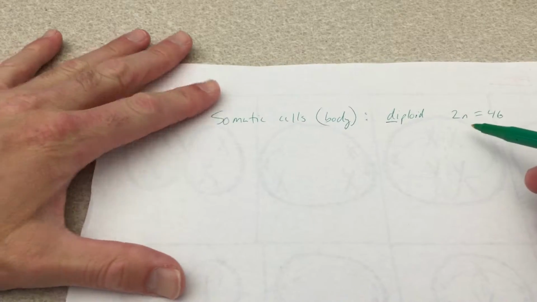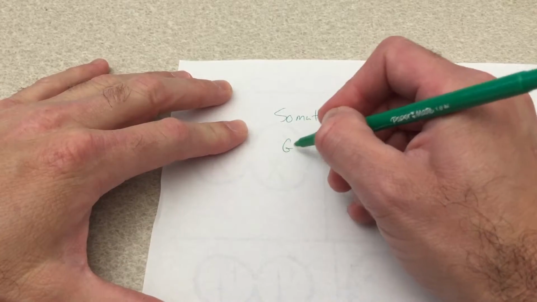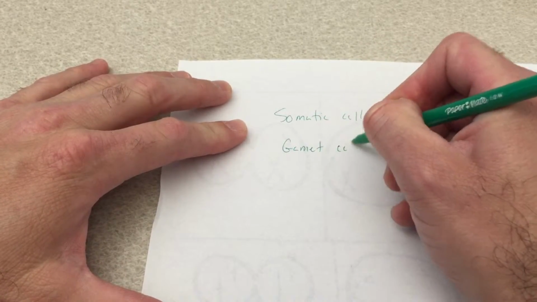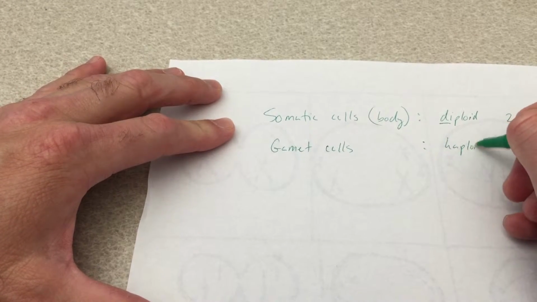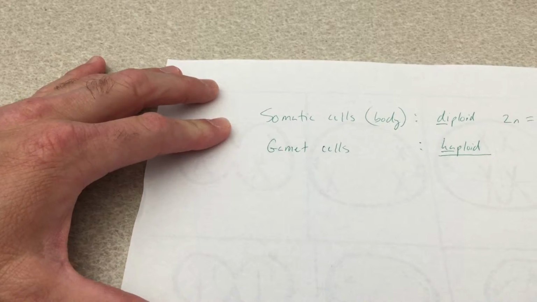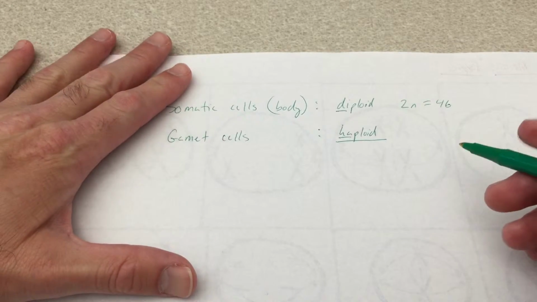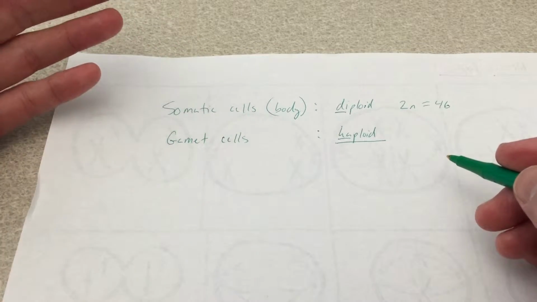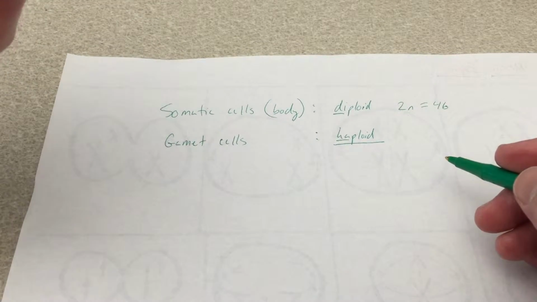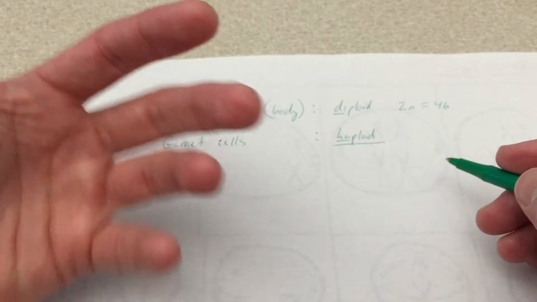By contrast, our gamete cells, the sperm and ova, are haploid cells. We inherit DNA via sperm and via ova from our mother and our father.